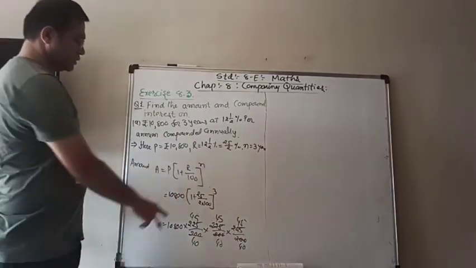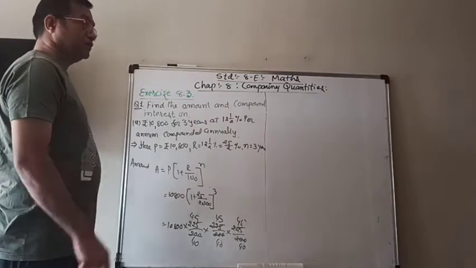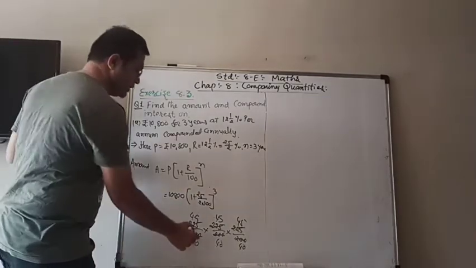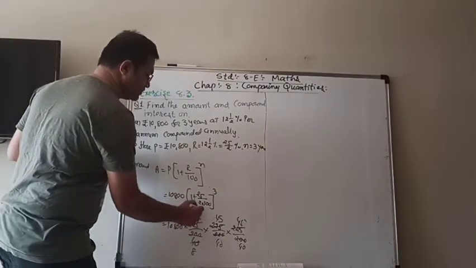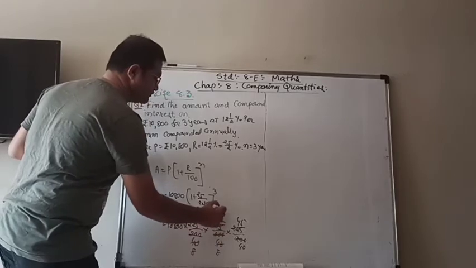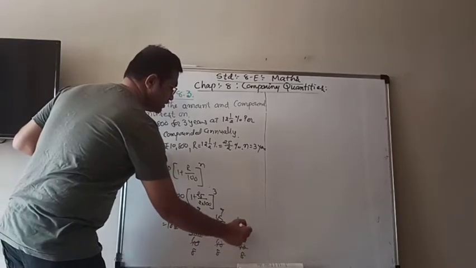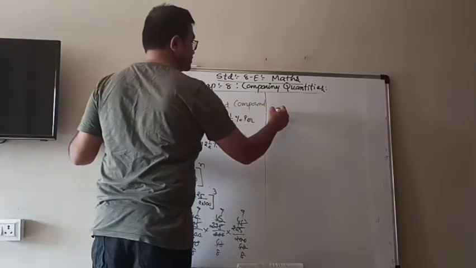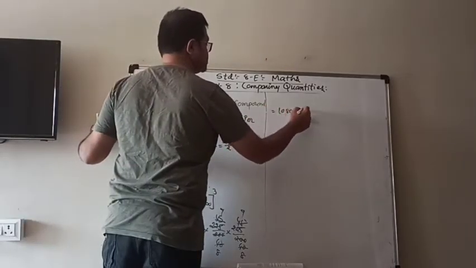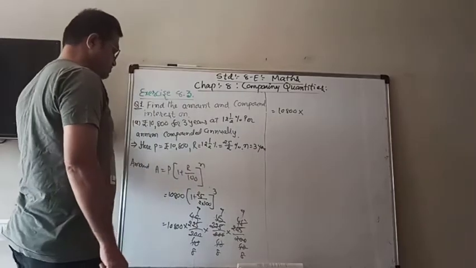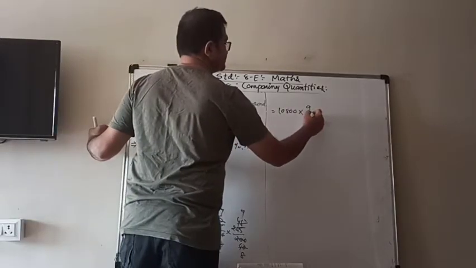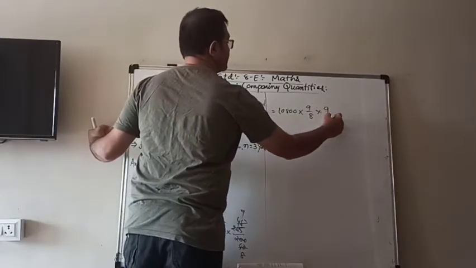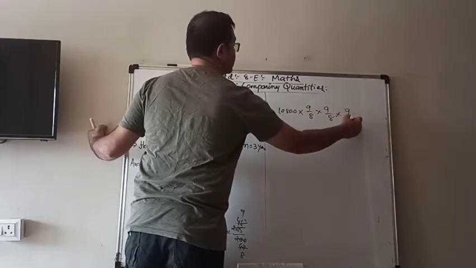Now again we can divide them by 5: 8 fives are 40, 9 fives are 45. So here we will write down again so that it is easier for cancellation: 9 upon 8, 9 upon 8, 9 upon 8.